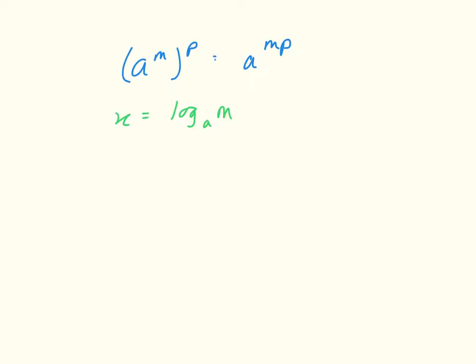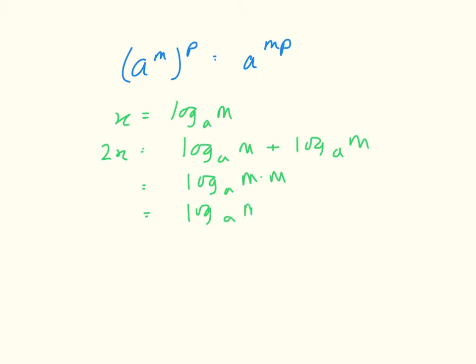We also know that 2x is log base a of m plus log base a of m, which therefore must equal, using our previous law, log base a of m times m, or log base a of m squared. And the same property applies.